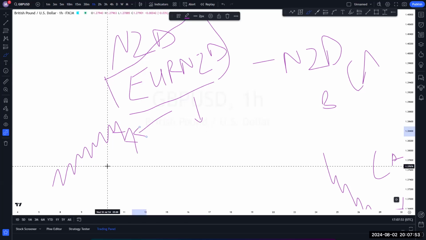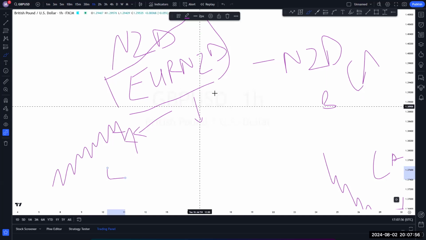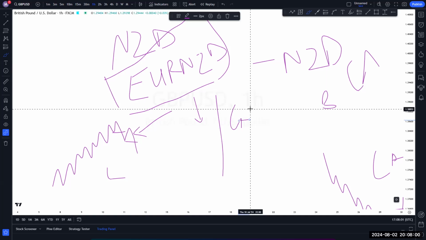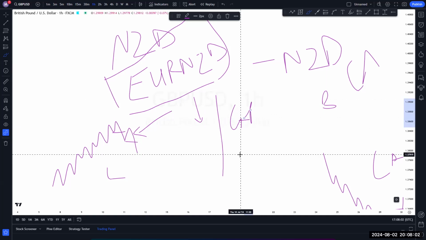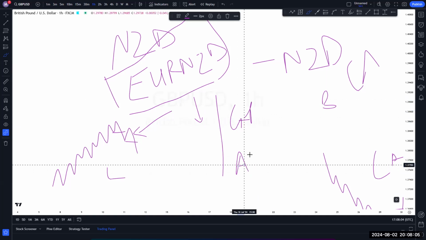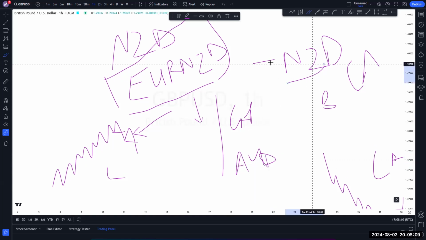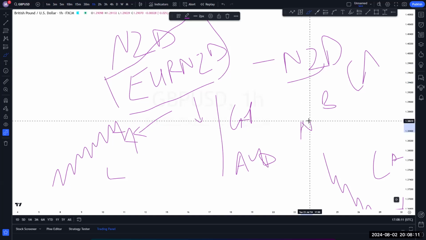So when you spot this on Euro NZ, now go and check GBP NZ. You see, GBP NZ I don't have, but AUD NZ I'm having. But AUD NZ is buying. So you go on NZ CAD, you confirm now on NZ I'm having.